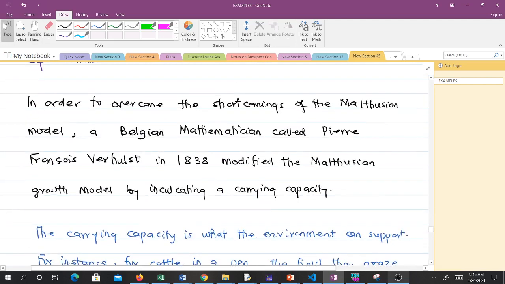So in order to overcome the shortcomings of the Malthusian model, a Belgian mathematician called Verhulst in 1838 modified the Malthusian model by incorporating a carrying capacity. All right, so the carrying capacity introduced a limit onto the Malthusian model so that this time around it's not going to grow unboundedly. I hope you get it.